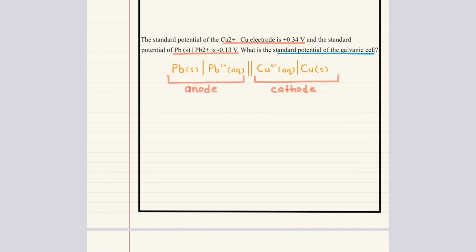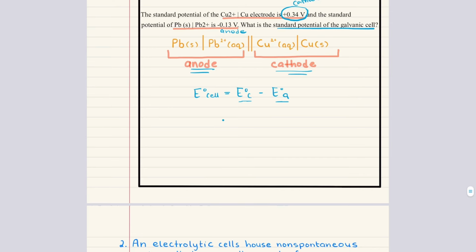To calculate the standard cell potential, we need to identify the cathode and the anode. In a galvanic cell, the more positive reduction potential corresponds to the cathode, so copper is reduced. Lead here is the anode where oxidation occurs. Now, we apply the equation E naught cell equals E naught cathode minus E naught anode.